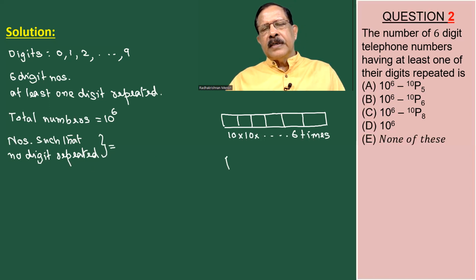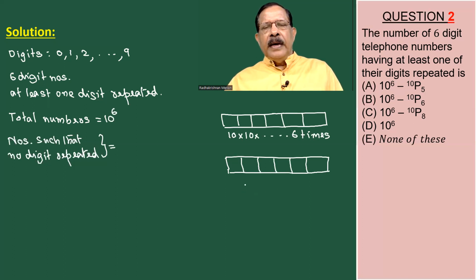So, no digit repeated, again I am drawing a box for each digit. A digit can occur in the first place in 10 ways. Second box, 9 ways. Third box, 8 ways. There are total 10 digits.